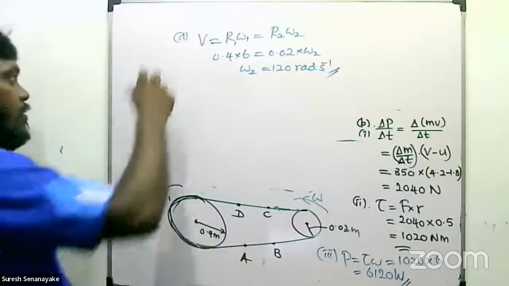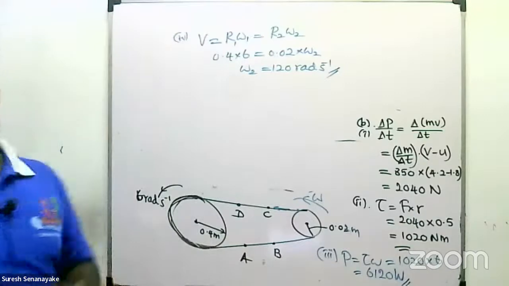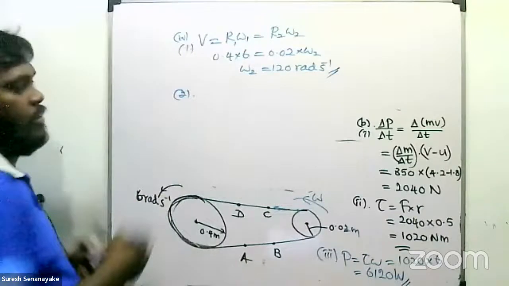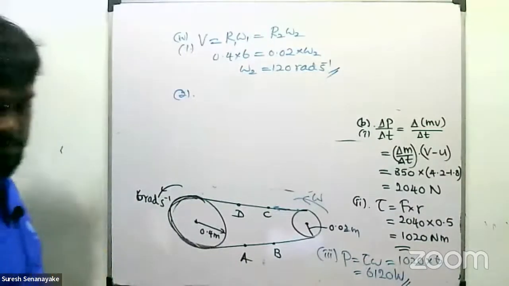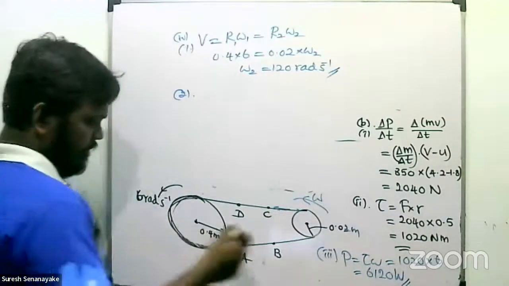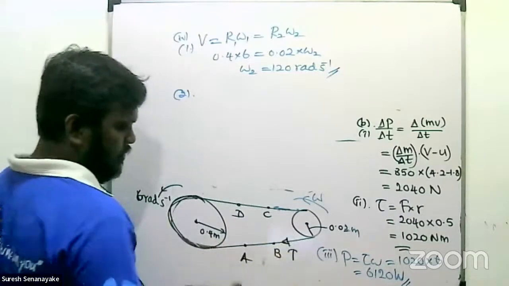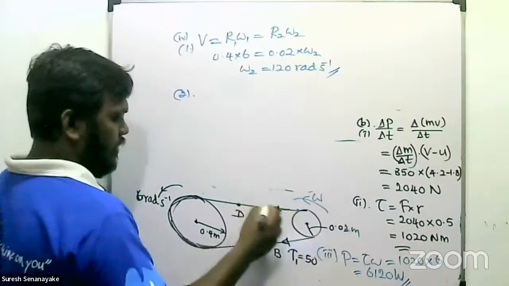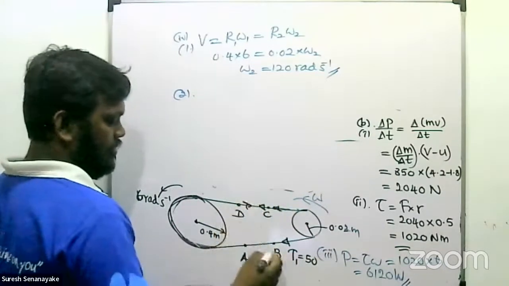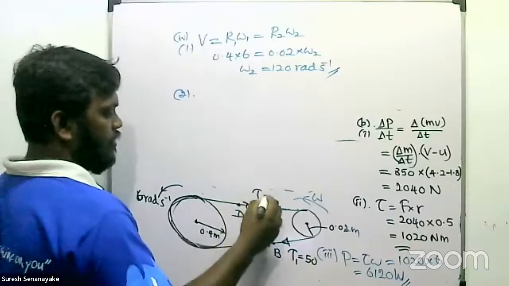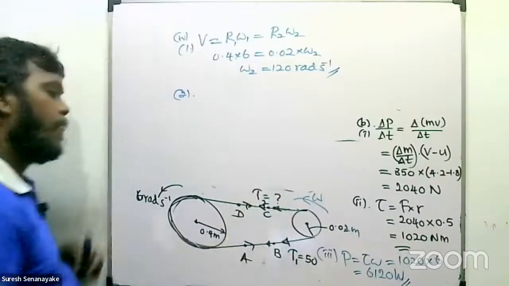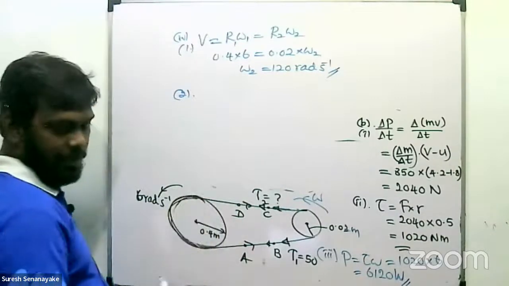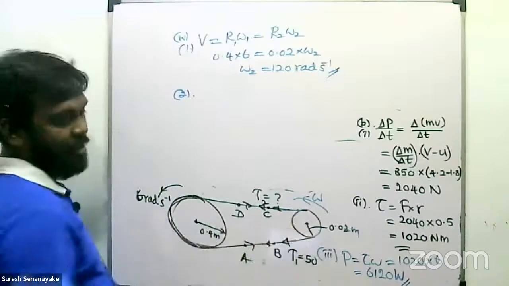And then the second step, the tension. This one is given as tension T1 is 50. Asking for the tension CD, right? The tension on this side is different. At the power, you know that, right? The same power is delivered to the generator also.